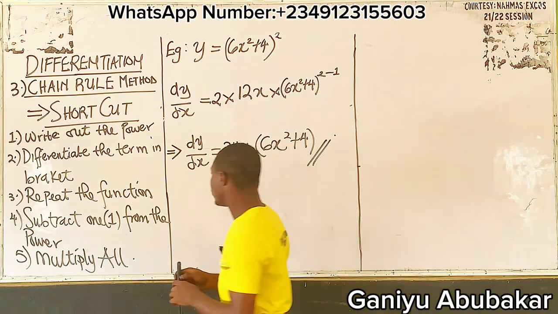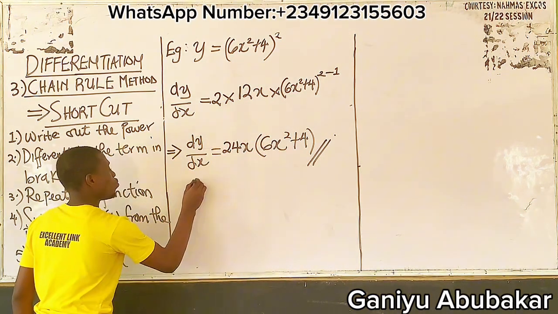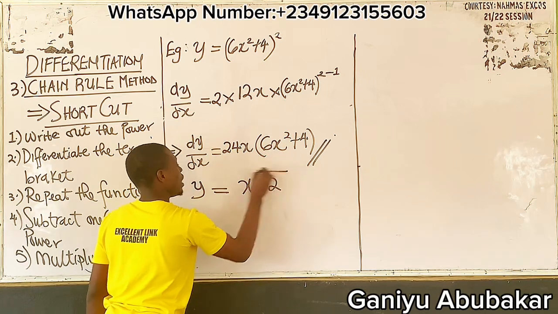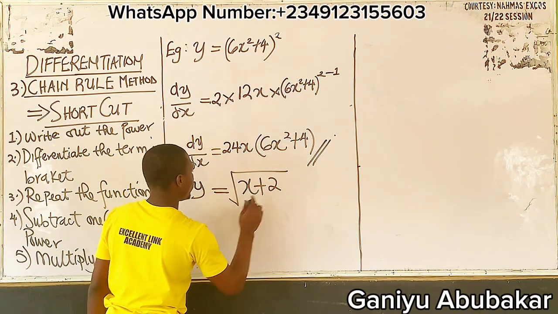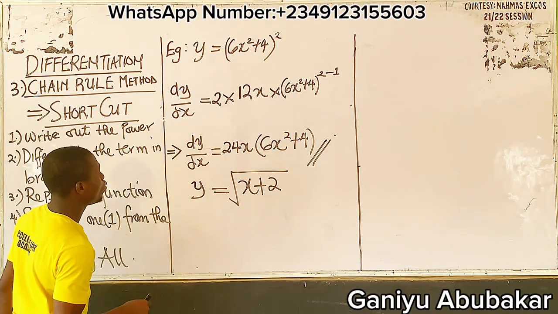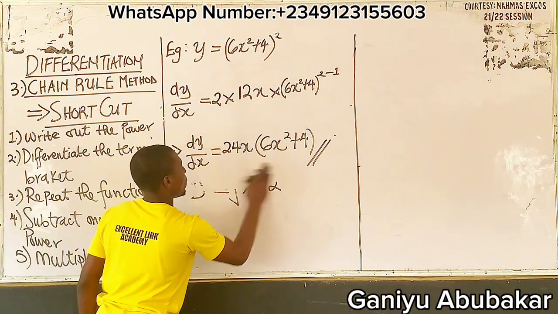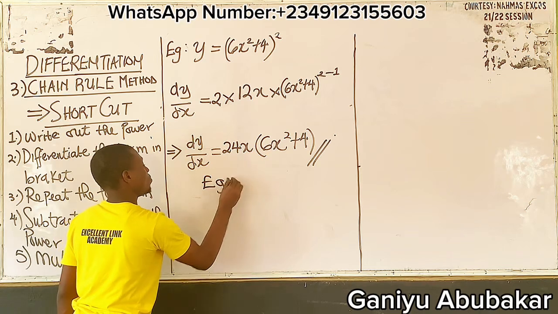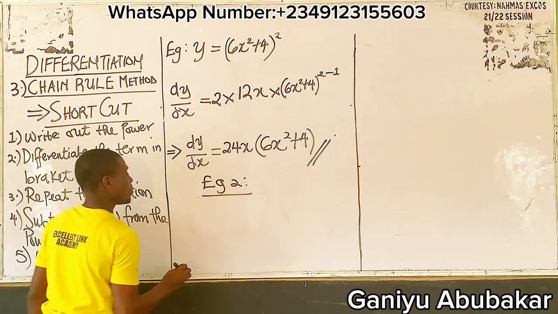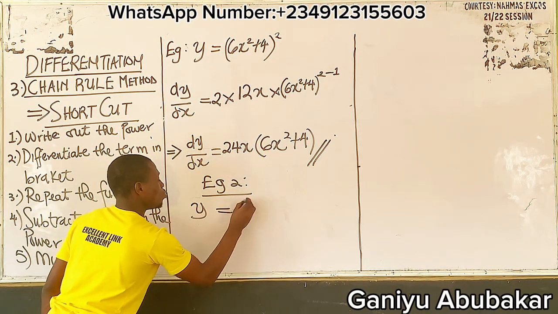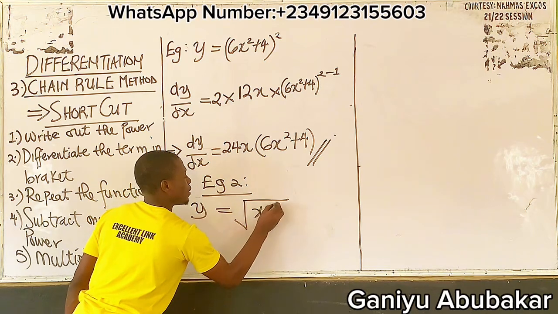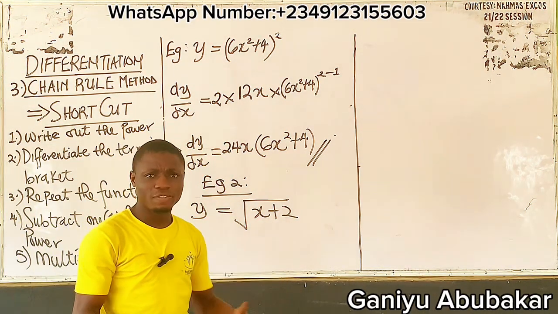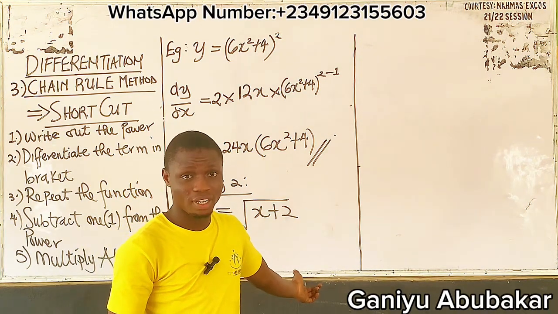Let's take example 2. Let's assume that y is equal to root of (x plus 2). If you ask yourself here, is this a chain rule question first?